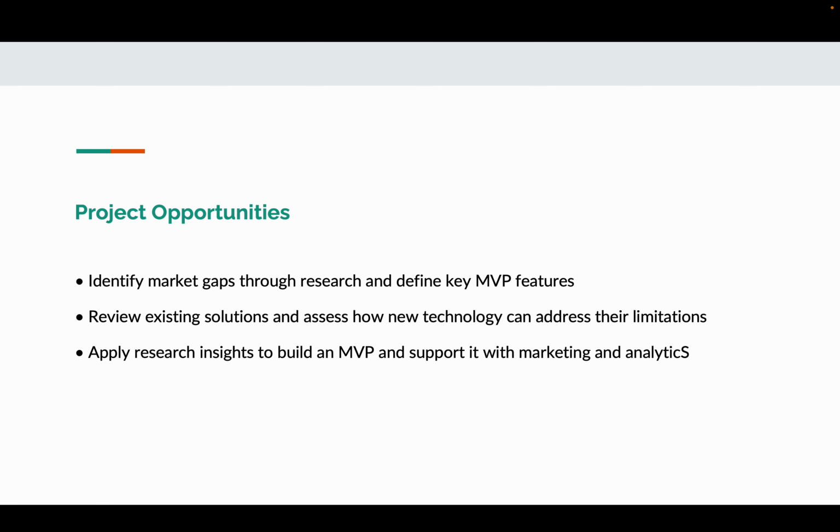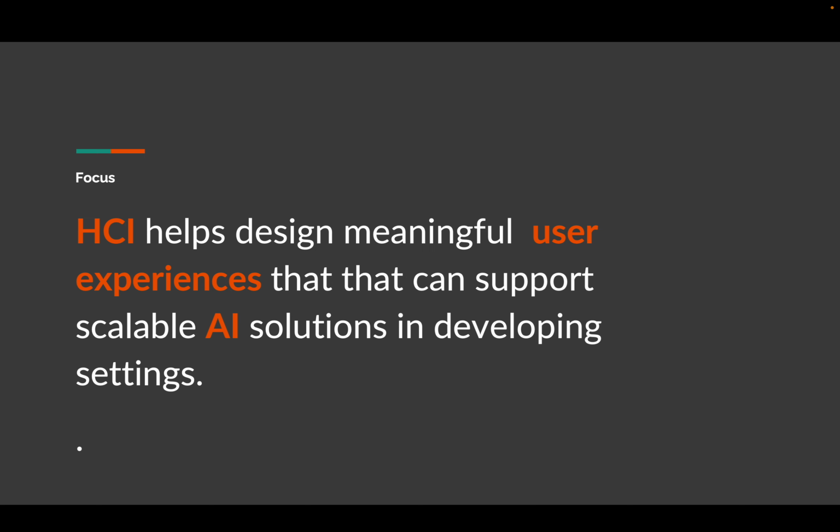MVP means the minimum viable product, the smallest version of the product that people can see and test. So we summarized and said that understanding users in their setting is what is called contextual understanding of users. If you understand users, you're able to build solutions for them.